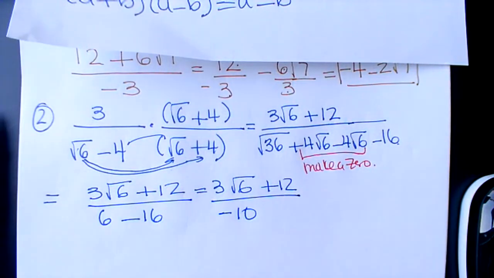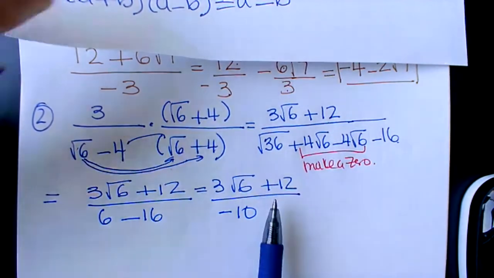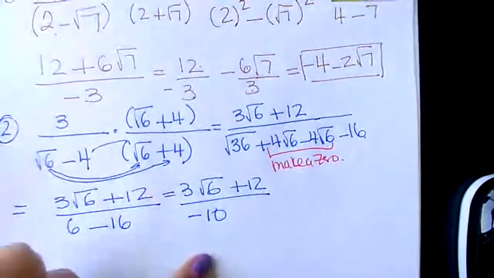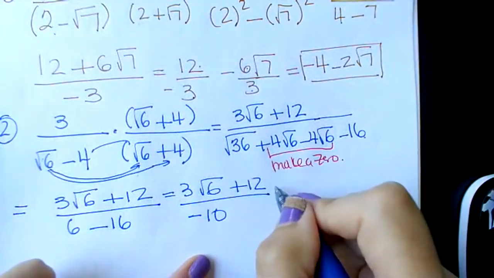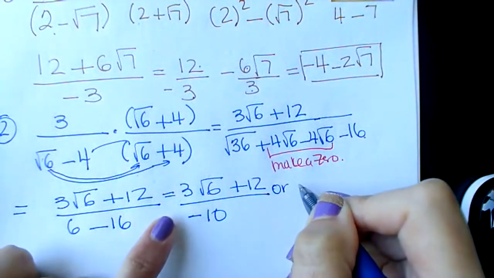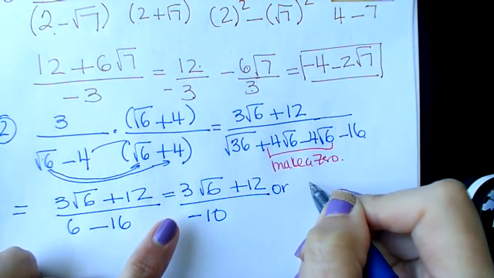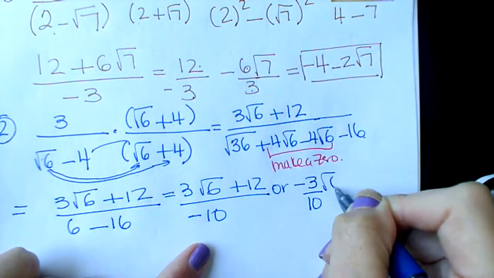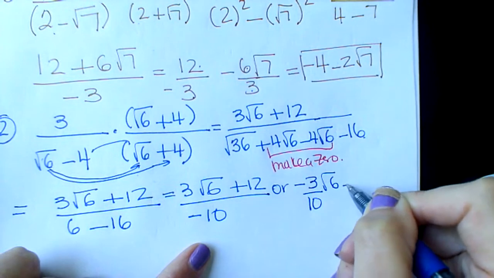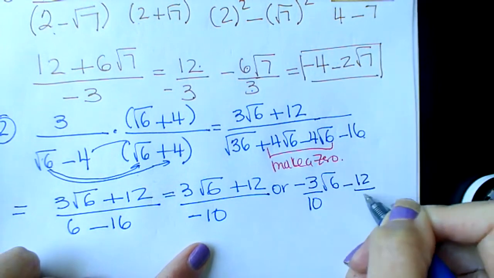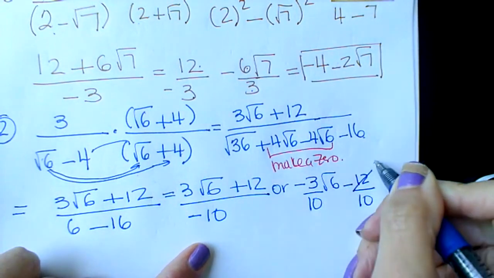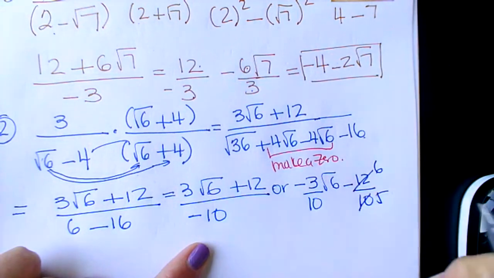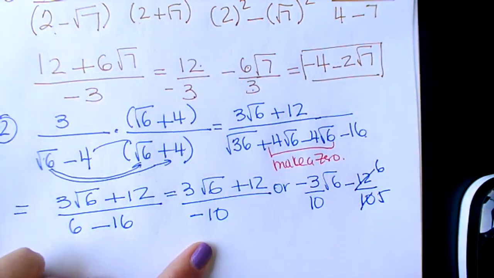We need to distribute the 10. We could leave it like this. I believe in Newton, you guys can do it either this way or negative 12 over 10, which is 6 over 5. Either way, okay?